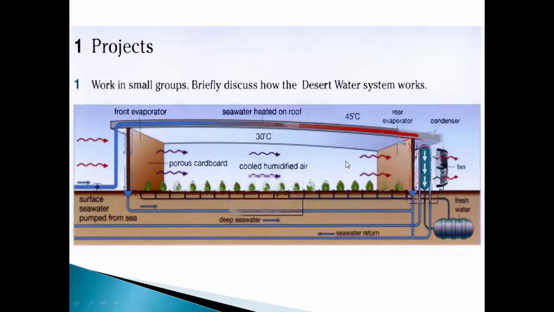The last process is that the warm supersaturated air then passes through the condenser, where the vapor condenses into fresh water, which flows down to an underground tank that stores it until it is needed. So it is the place for keeping fresh water. This is the main process description of this desert water system.